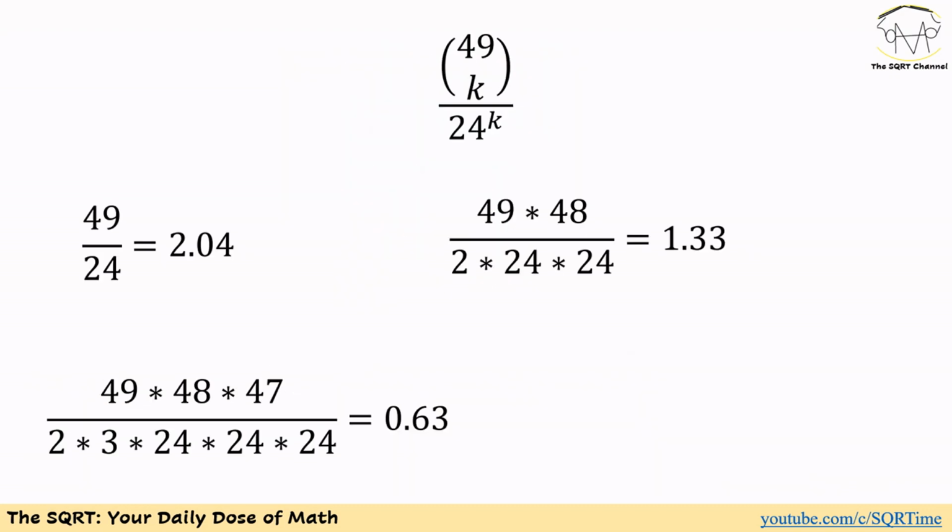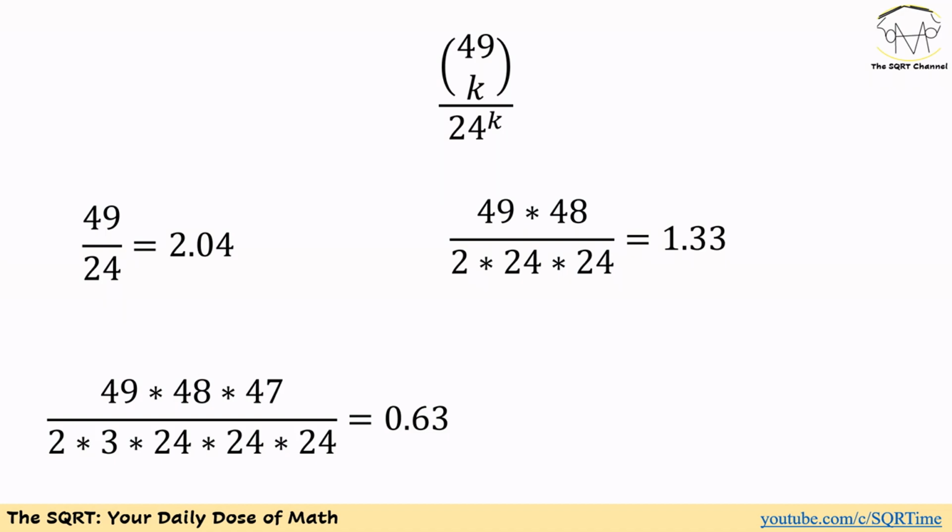Let's take another look. In general, we have 49 choose k over 24 to the power of k, and we want to see how large this can be. Let's start with k equal to 1. We have 49 over 24, which is a little more than 2. For the second one, when we put k equal to 2, we will end up with 49 choose 2 over 24 to the power of 2, which is 49 times 48 over 2 times 24 times 24.